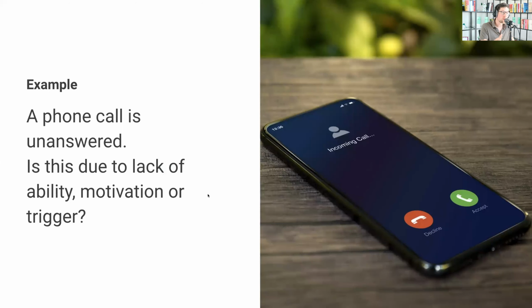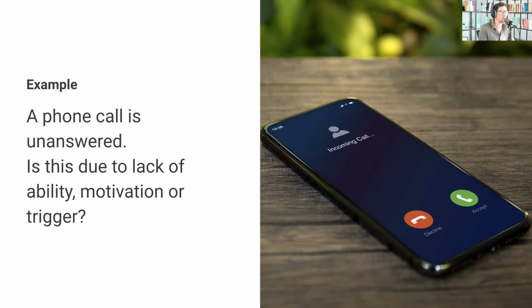So when the phone rings and it goes unanswered, why is that? These are some of the questions we should be asking. Well, it could be anything, actually. Maybe I see that it's my in-laws and I don't want to talk to them, so I don't answer. That means there's a lack of motivation.